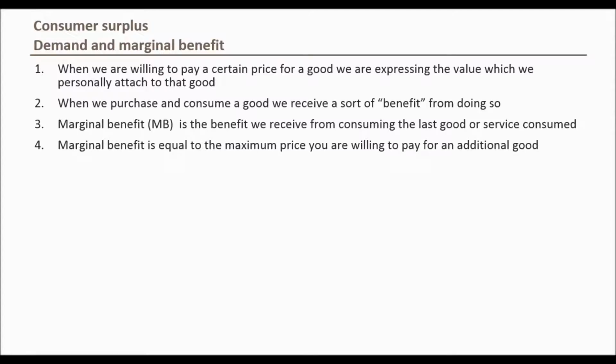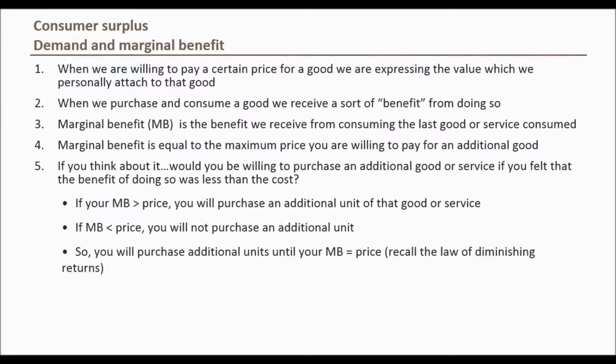If this wasn't true, and the benefit was greater than the cost, then we would buy additional units of that good. So I will continue to purchase more biscuits so long as I feel that the benefit I receive from consuming additional biscuits is greater than the price it costs to purchase them. I will stop purchasing additional biscuits once I feel that the price is no longer worth it.